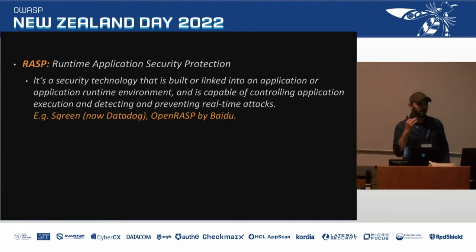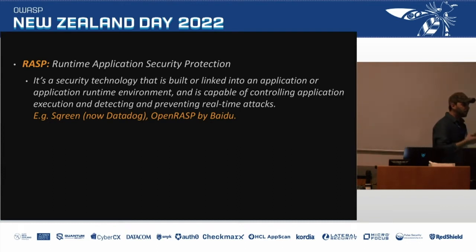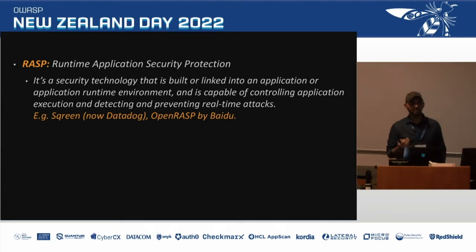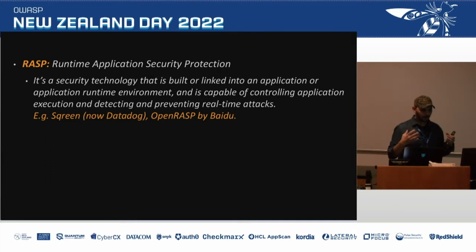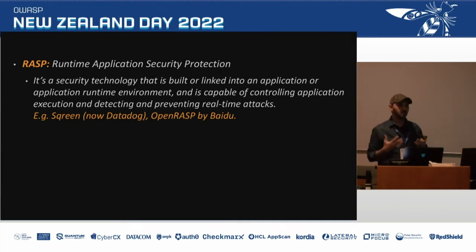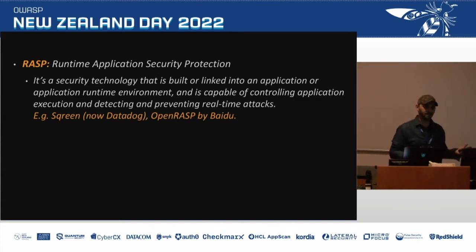Another buzzword that's probably been making more and more noise in the last couple of years, and it's probably not a testing tool but more of a protection within your web applications, is called runtime application security protection. What this allows you to do is embed security controls in your applications in a way that your applications start defending themselves against application attacks.